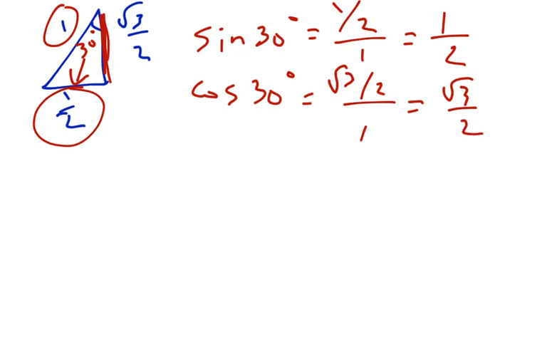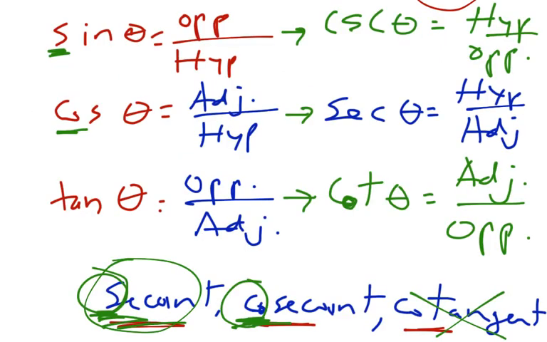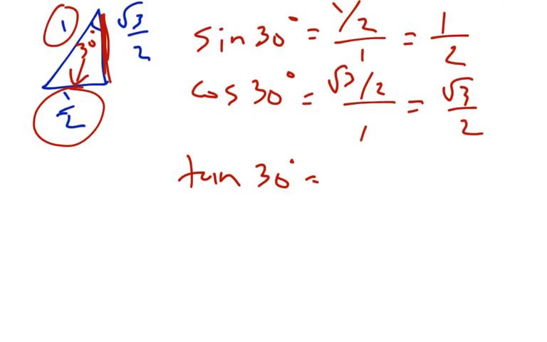Okay? Now, the third one, my tangent. So, tangent of 30 is, let's see, tangent is opposite over adjacent. So, opposite over adjacent.